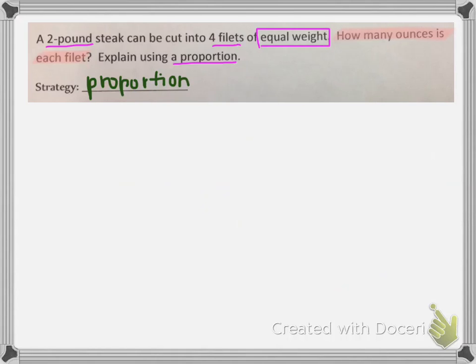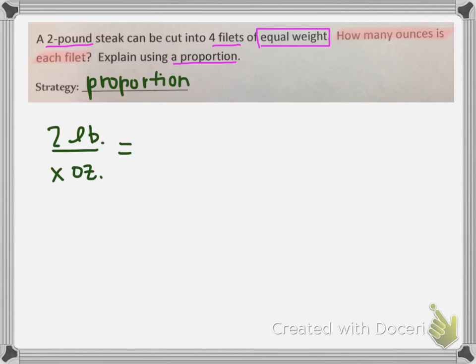So I have 2 pounds. My steak is 2 pounds. I want to know how many ounces is in the steak before I can figure out how many ounces each of the 4 fillets is. So 2 pounds is, I don't know how many ounces, so we're going to put X ounces. And then because it's a proportion, I'm going to set it up to be equal to another ratio.